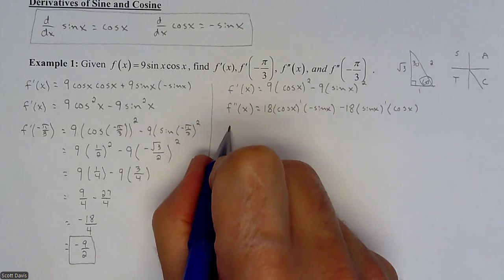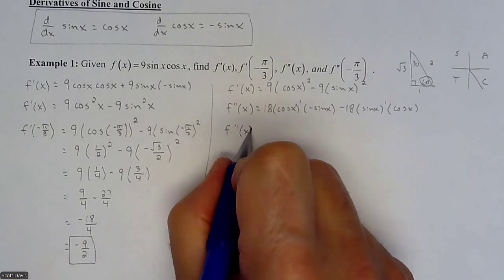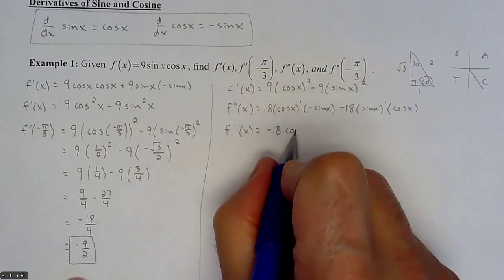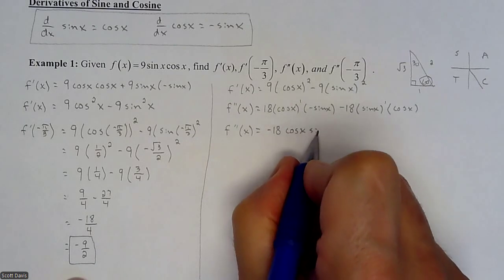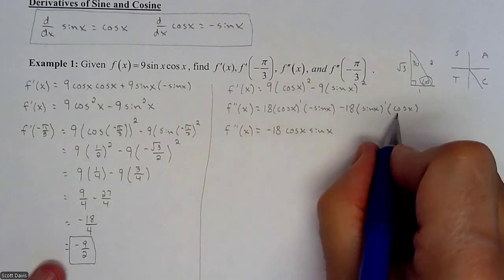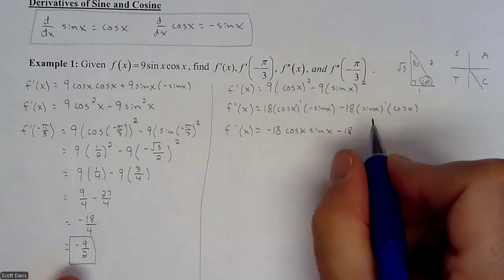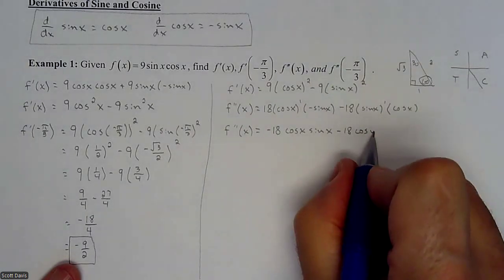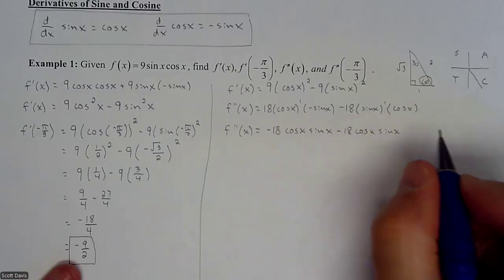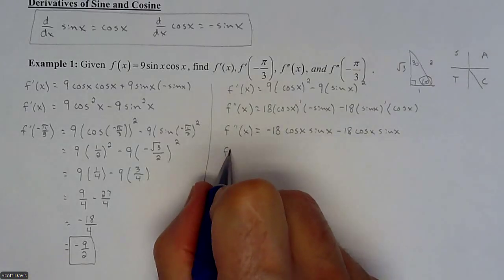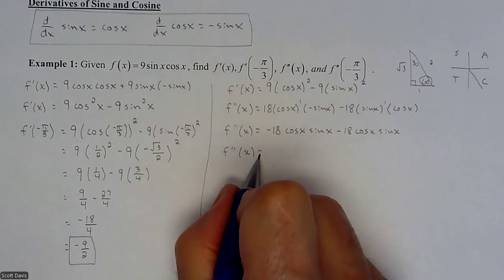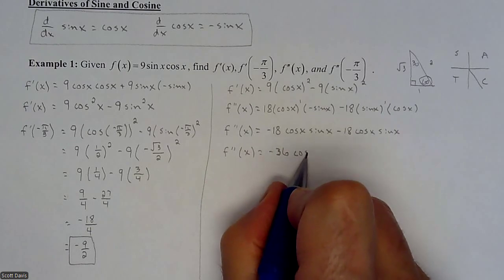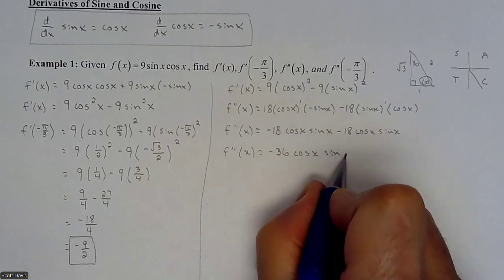If I clean this up, we're looking at negative 18 cosine sine, and then minus 18 cosine sine again. Those can combine, to have fewer terms. So it's negative 36 cosine sine. There's our second derivative.